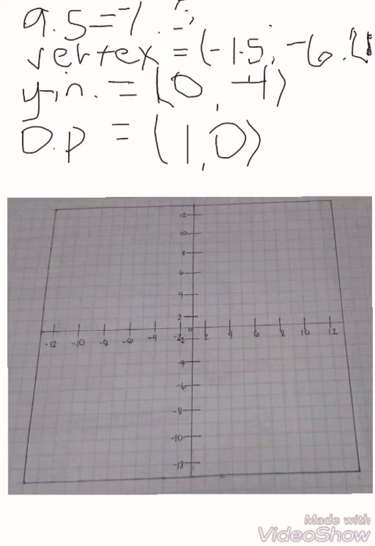So we're going to graph it. The axis of symmetry is negative 1.5, so we're going to draw a line here.